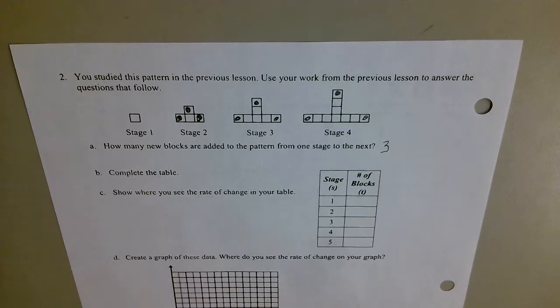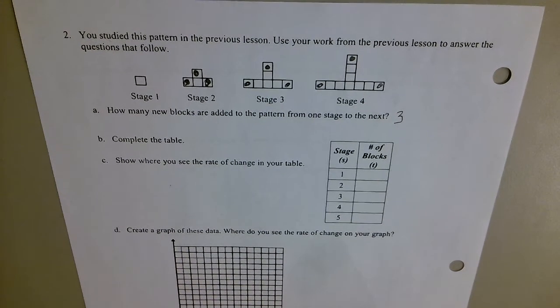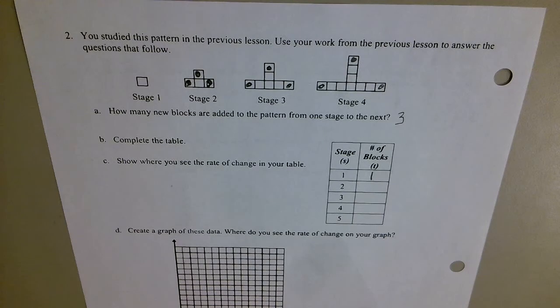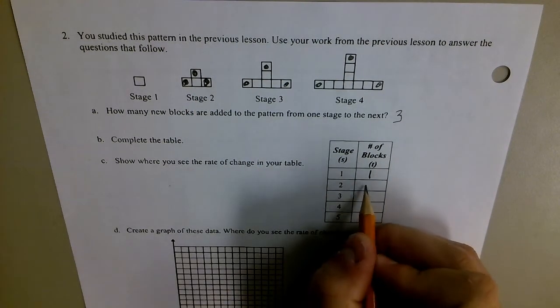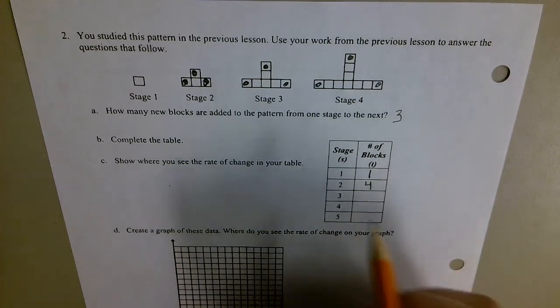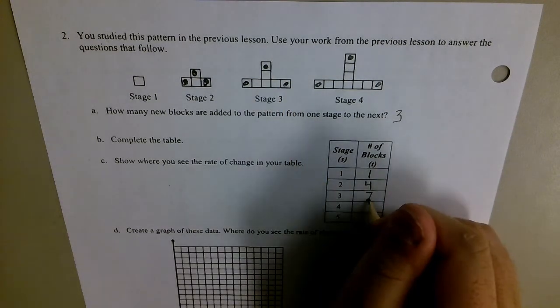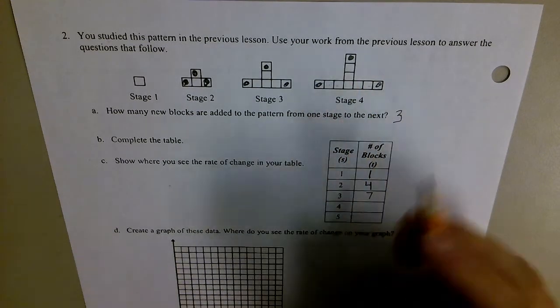So now we can complete this table. So in stage 1, we had 1 block. In stage 2, we have 1, 2, 3, 4. In stage 3, we've got 1, 2, 3, 4, 5, 6, 7. Stage 4, 1, 2, 3, 4, 5, 6, 7, 8, 9, 10.